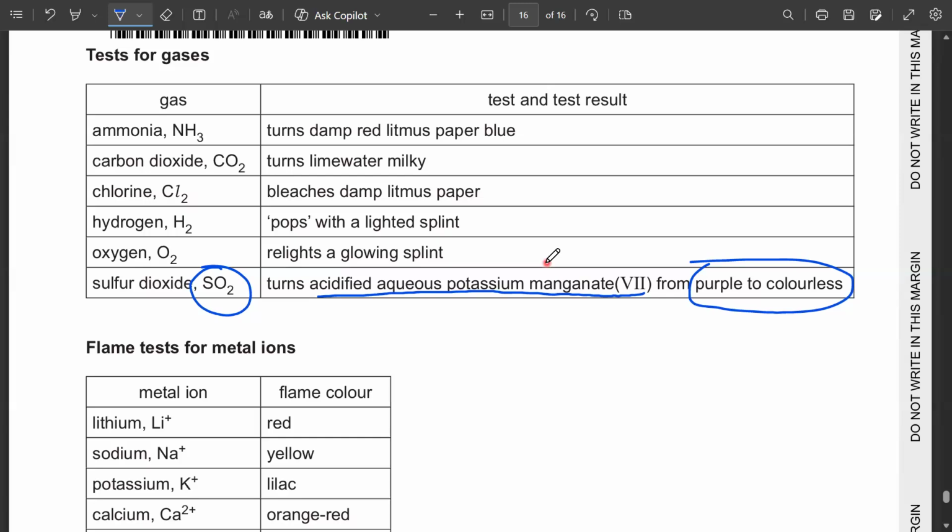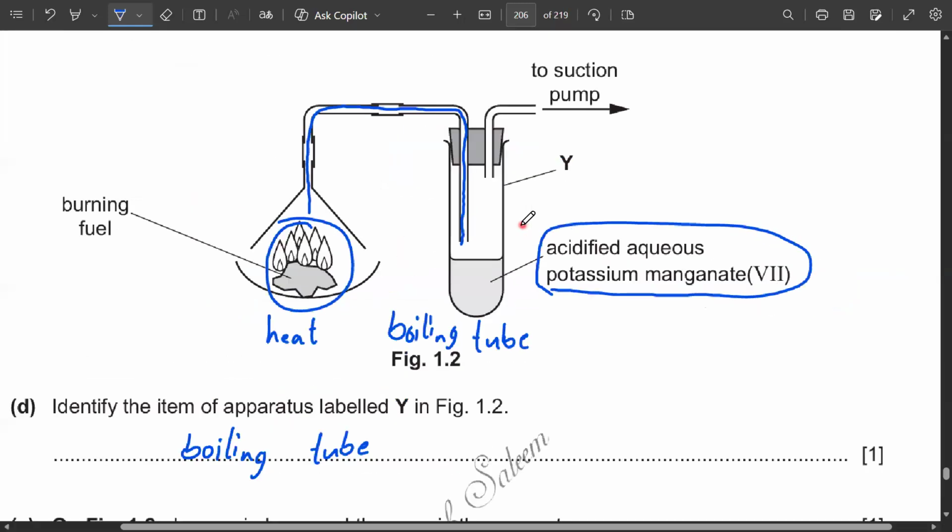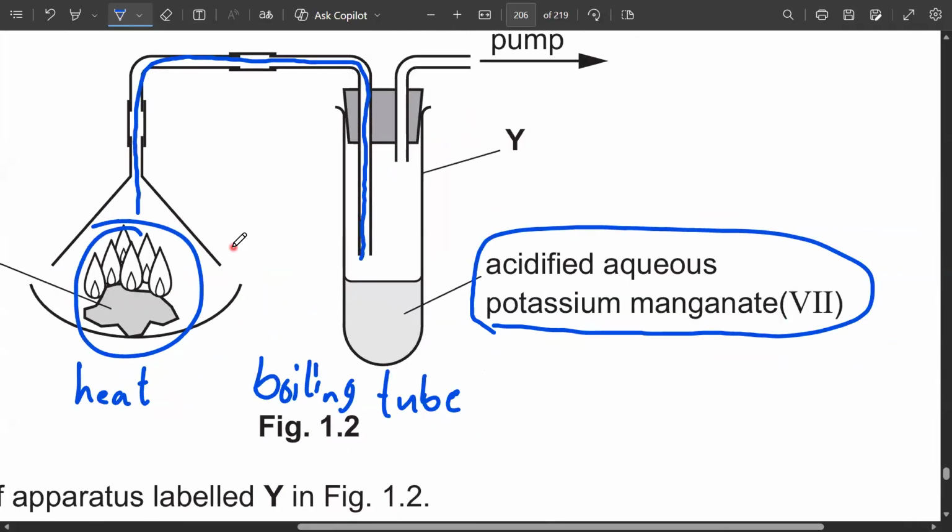But in our experiment, if you look closely, the gas released from here has the option of going upward as well. It will be saturated in this whole area, and it can also go upward. However, the level of the liquid is just below the mouth of the test tube. This is the level of the liquid, but this is the level of the test tube mouth.